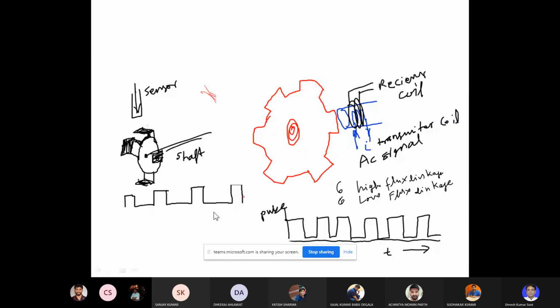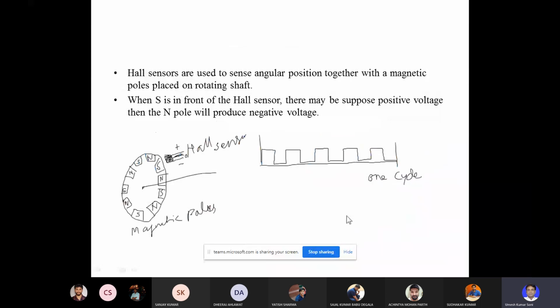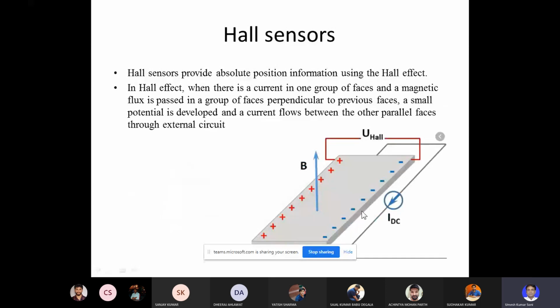So now we have another sensor. This is Hall effect sensor. In Hall effect sensor, suppose a conductor with 6 faces is there, orthogonal to each other. So when we provide the current in any two of the faces, and a magnetic flux is provided perpendicular to the plane of these surfaces.